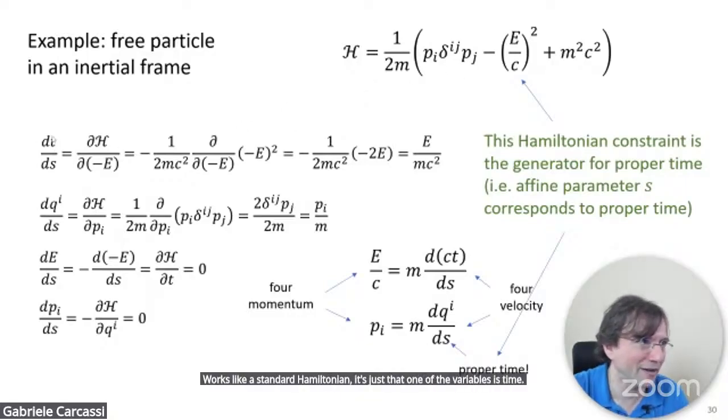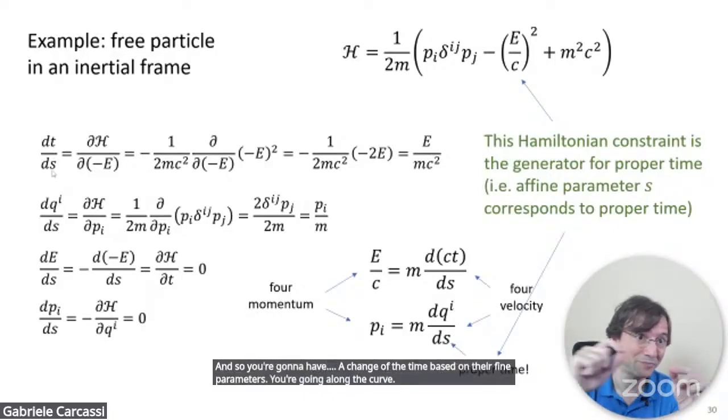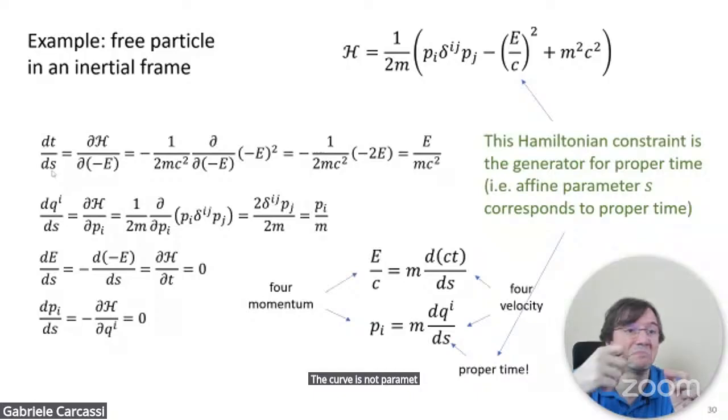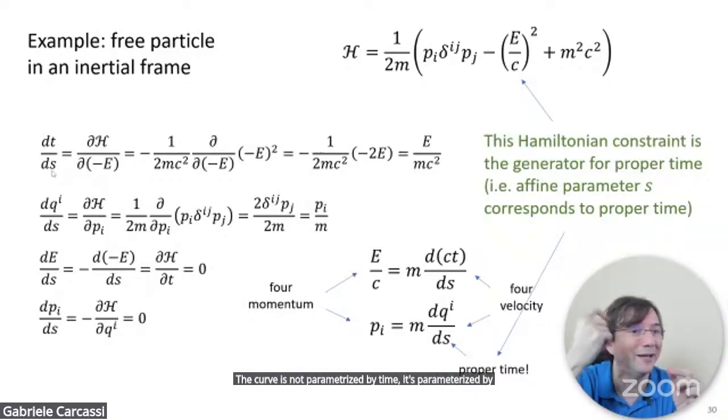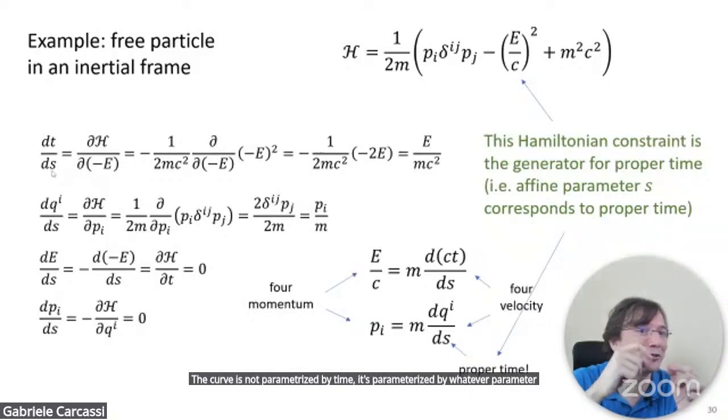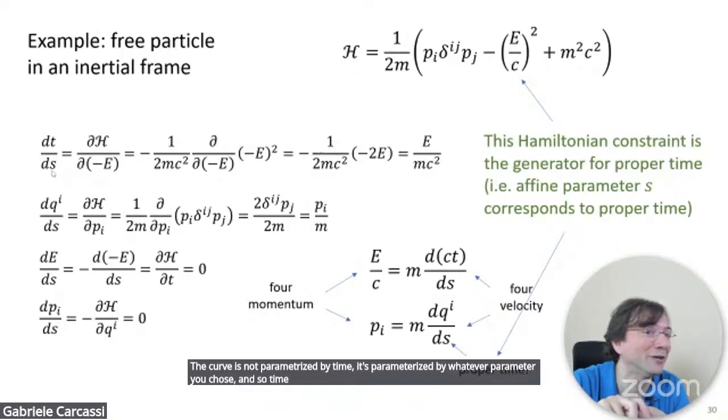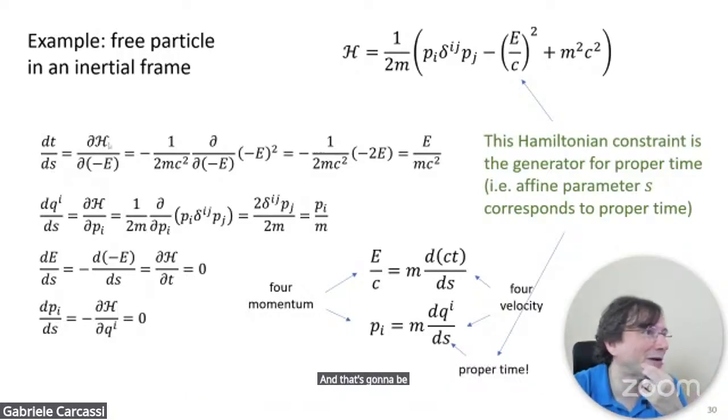So you're going to have a change of the time based on the affine parameter. You're going along the curve; the curve is not parameterized by time, it's parameterized by whatever parameter you chose. So time is going to evolve on the curve, and that's going to be the derivative of the Hamiltonian with respect to its conjugate.